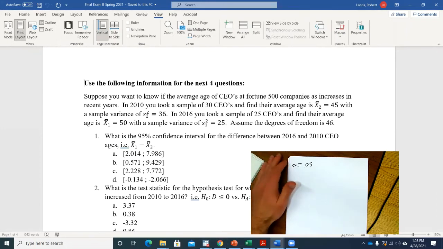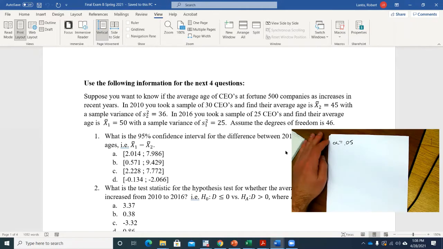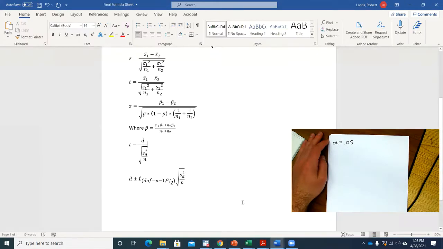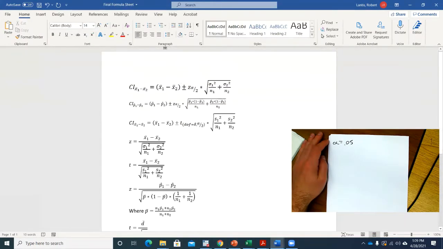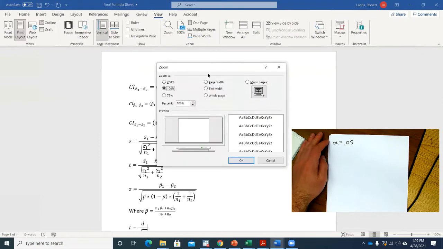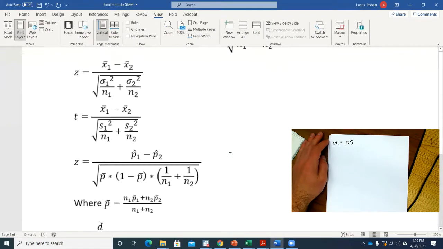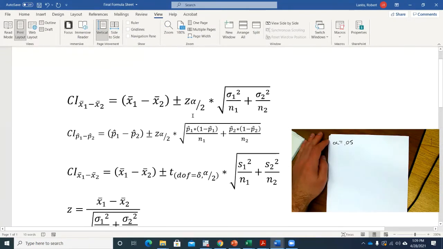So, we've got our alpha. Let's go to our formula sheet as a reminder. Here's our confidence interval equations. Which of these do I use? Well, I've got sample means and only sample variances. So I have to use that student t distribution. I've got my alpha, but I need alpha over 2 on each side.